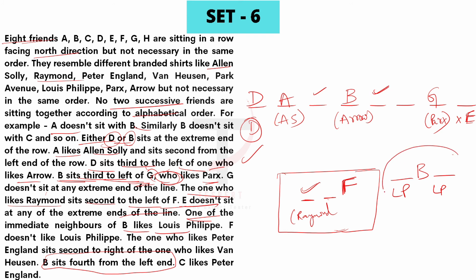So let us denote this in a bracket, because it can be anything. It can be LP B or it can be B LP. So the places are interchangeable.